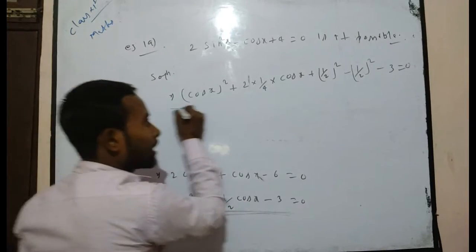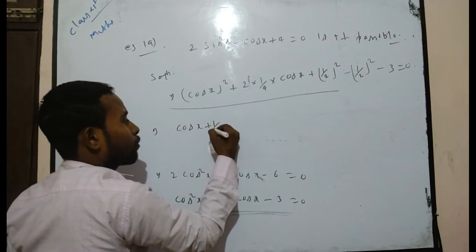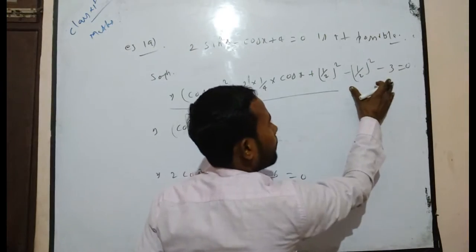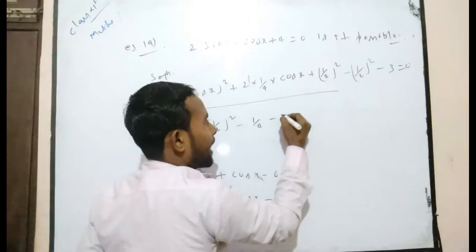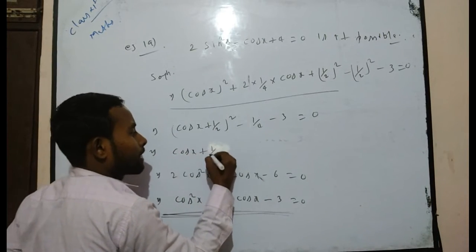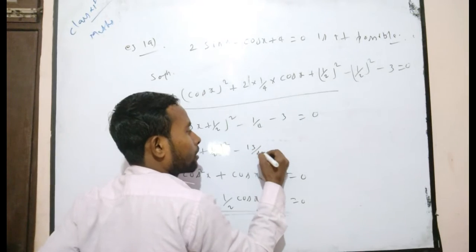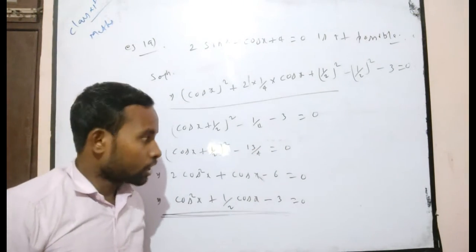After it you get cos x plus half whole square, minus 1 upon 4 minus 3 is equal to 0. That means it can be written as cos x plus half whole square minus 13 by 4 is equal to 0.